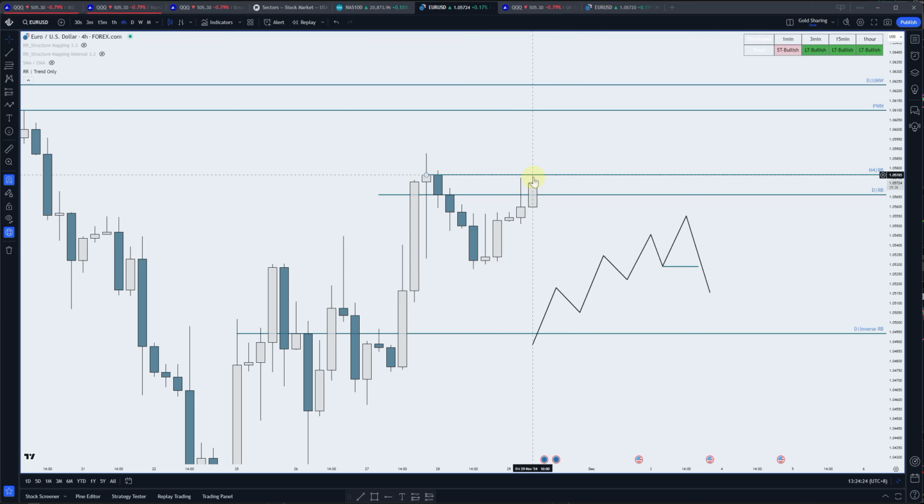But you will not sell here directly. The same like I said, when you approach this level, it doesn't mean you will sell here. You will wait for the change of character. Okay, but the level is there on the H4 time frame, so keep an eye on this level as well.